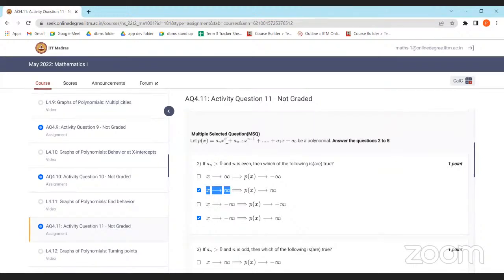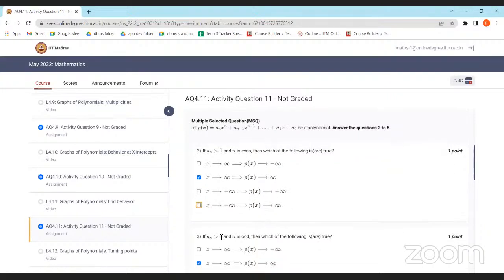Because say instead of n you just consider 2 here. If I put x equal to -2, then (-2) squared will be 4 only, a positive number, so it will go to infinity only, right? Even if you put -100, it still leads to infinity. Now suppose a_n is greater than 0 but n is odd.